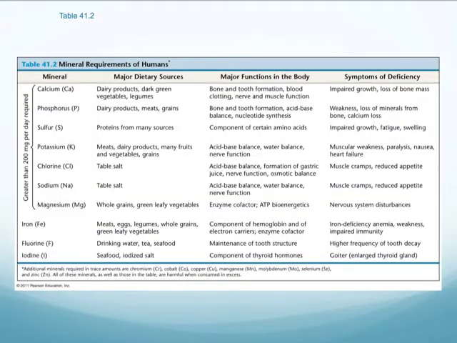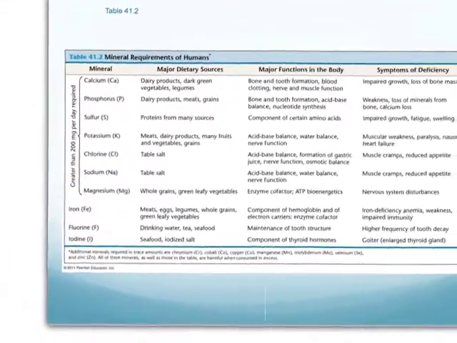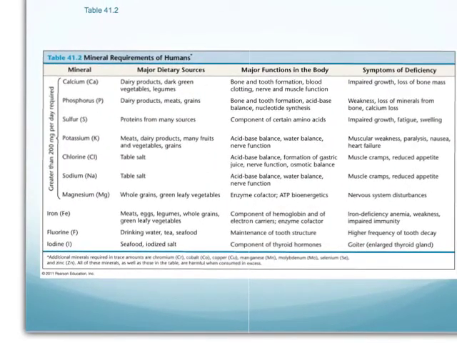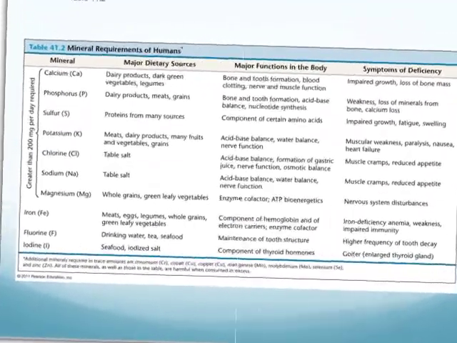All right, you can see these are the major ones and what they're responsible for. Again, a lot of this is important in development. So a person who's malnourished or doesn't have a diet that is key in all these major ingredients, whether it's vitamins or minerals, can have a lot of issues, from bone and tooth deformities, things like that.